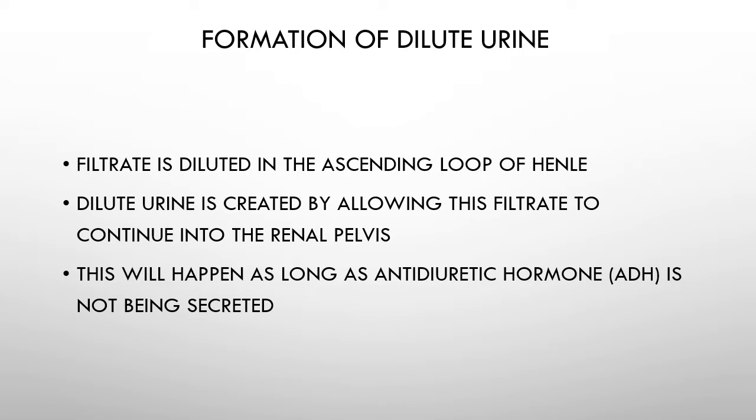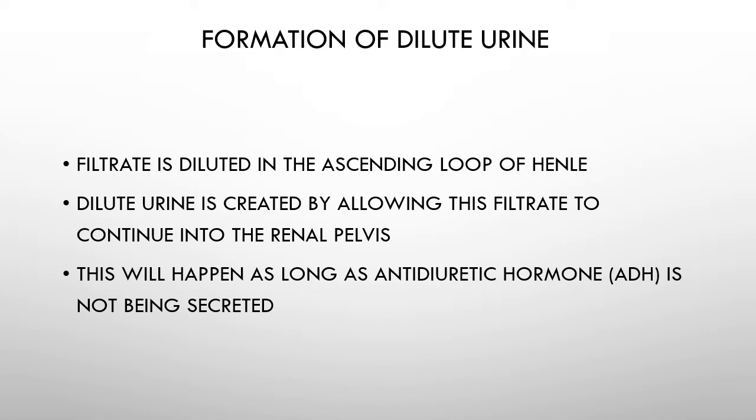So as we move down through the tubules themselves, and we're diluting things as we come up that ascending loop, the dilute urine is then essentially further diluted as it moves into the distal convoluted tubule and into the collecting duct on its way down.